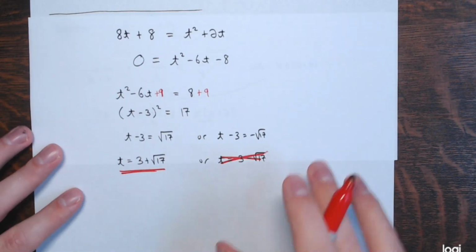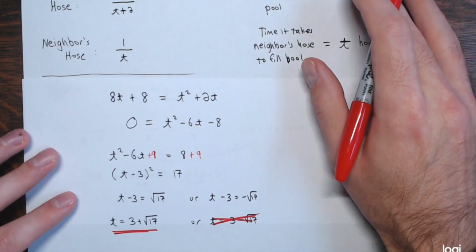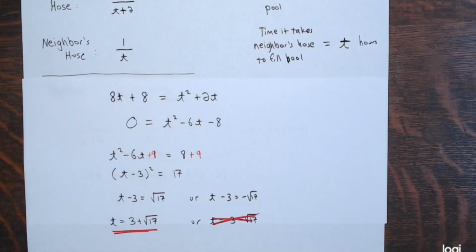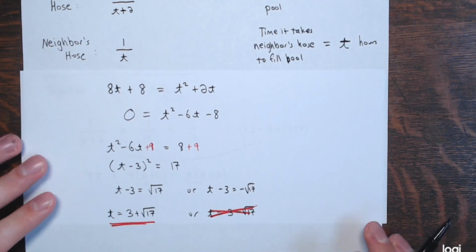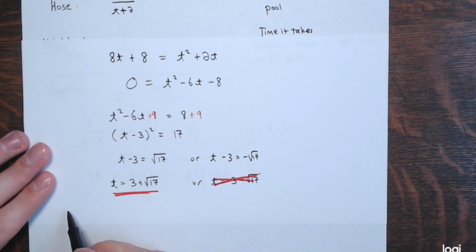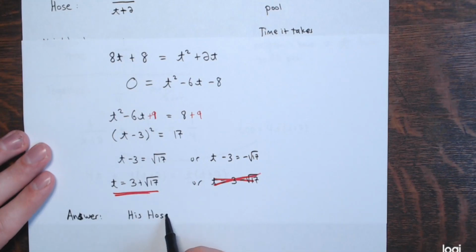And now I answer the question. Right? And they asked us to round these things to 1 decimal place, to the nearest tenth as well. But they're asking for how long does it take for each hose to fill the pool, right? So the answer to the question, Sully's hose takes t plus 2, so 5 plus the square root of 17 hours.